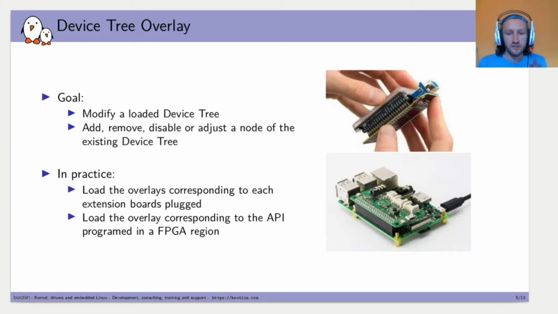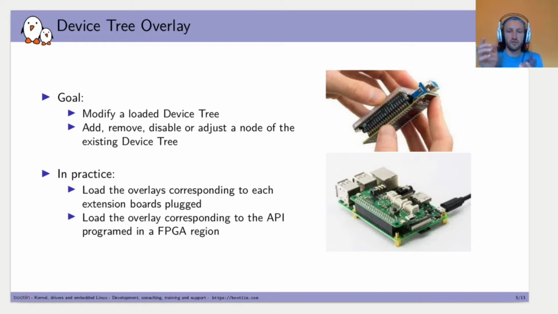So in practice, in which cases is it interesting? The first case, and the case we will speak about later, is to load the overlay that matches an extension board that is plugged on a main board.